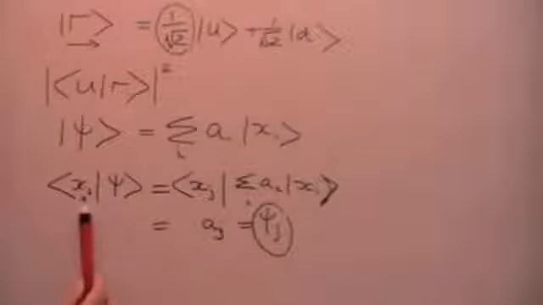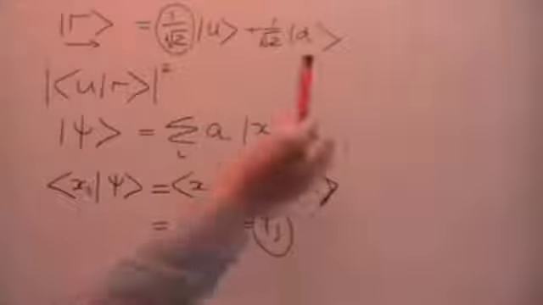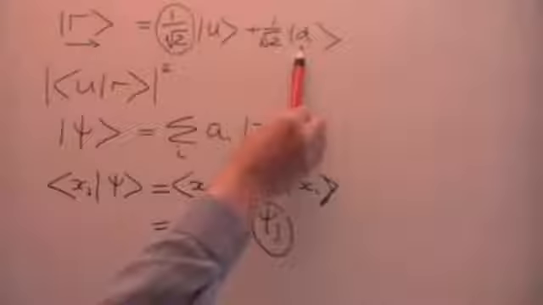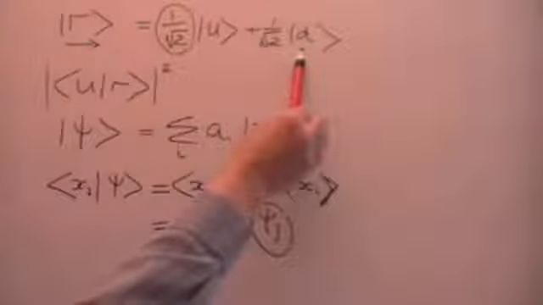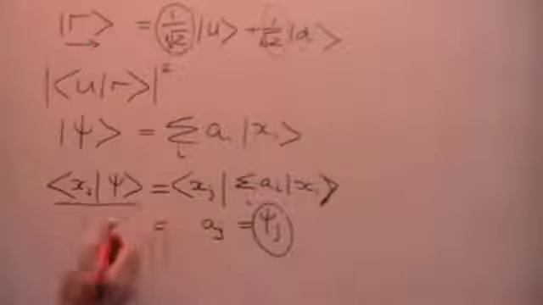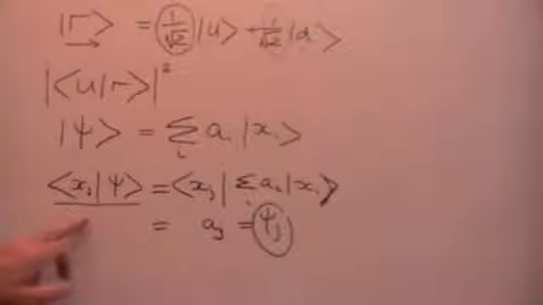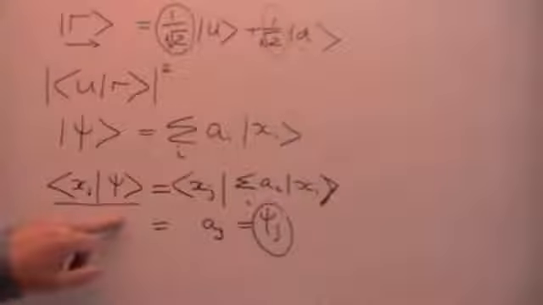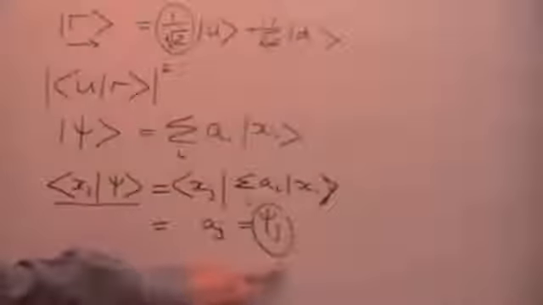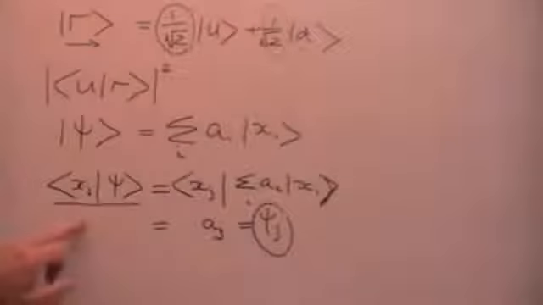What we want to know in this case is the prospect of measuring it in the second state, x2. The answer is the probability amplitude, and you square it to get the probability. But the important thing here is that the inner product of one of the basis states with the whole state psi is simply equal to the probability amplitude associated with that basis state.